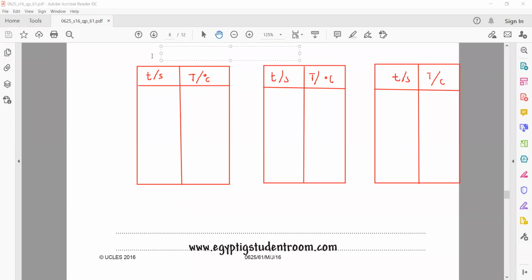That will be for insulation A or 1, the second for insulation B, and the third for insulation C. Then because you are sure about the time interval, you can fill up the time column: 0, then 30, 60, 90, 120, 150 and 180.